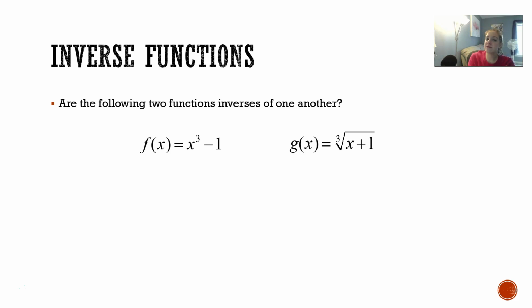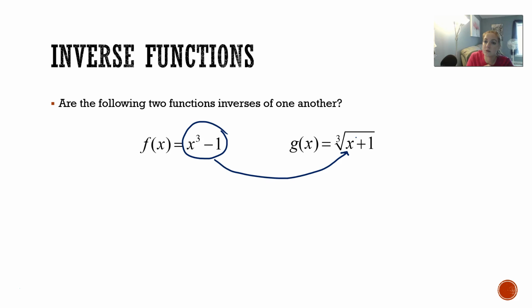Okay, so we have two functions here, and we want to check that they're inverses. So what we need to do is plug one into the other. It doesn't matter which one you plug into which, you should get the same result, and in fact, you could do it both ways to double check. So what I'm going to do is take f of x and plug it into g of x.